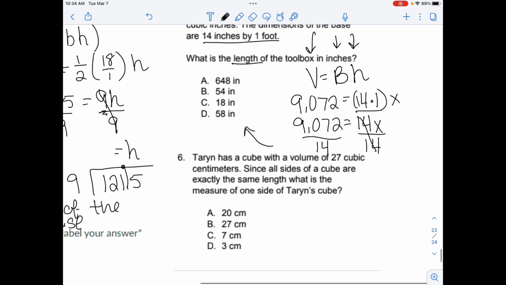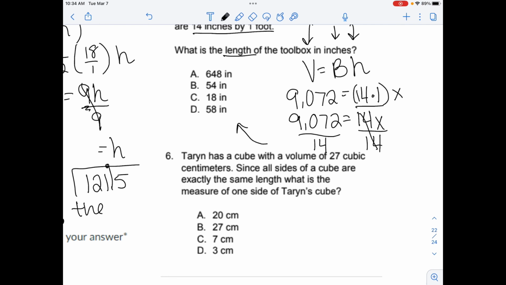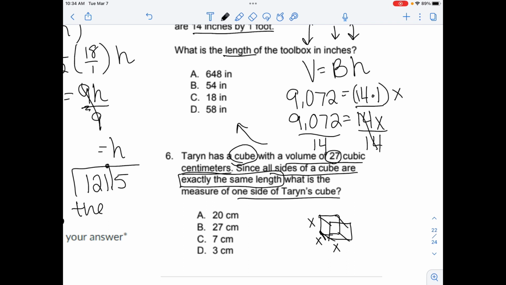All right, number 6. Taryn has a cube with a volume of 27 cubic centimeters. Since all sides of a cube are exactly the same length, what is the measure of one side of Taryn's cube? So right here I'm going to have a cube, and I'm going to have X right here, and X right here.